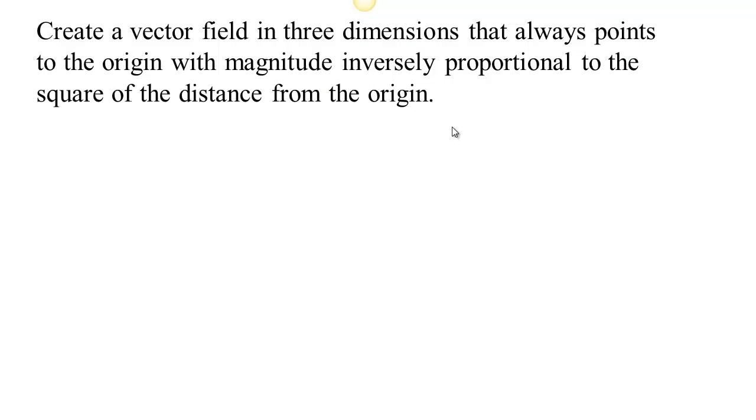There's one last vector field that's important that we can analyze here. Suppose you want to find a vector field in 3 dimensions that always points to the origin, and you want to make the magnitude inversely proportional to the square of the distance from the origin.